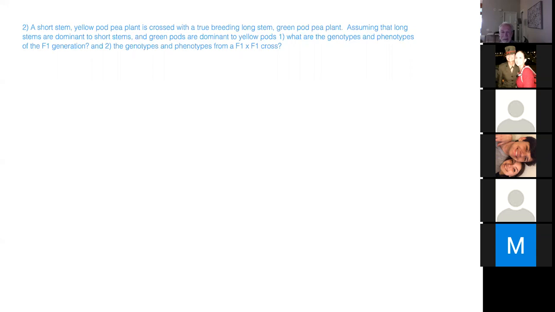It does. It means it's homozygous because it only ever produces long stem greens. So in this case, we could say this particular plant is homozygous dominant for both traits, because we're really looking at two traits here.